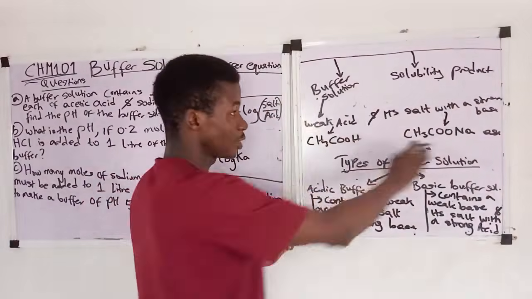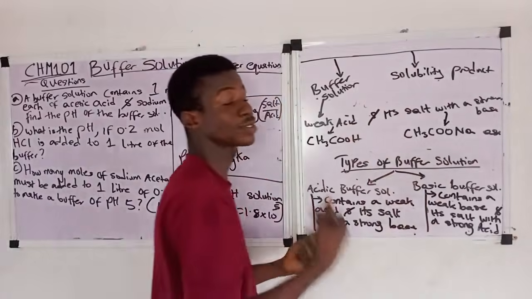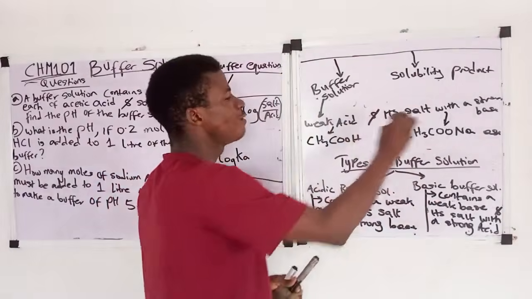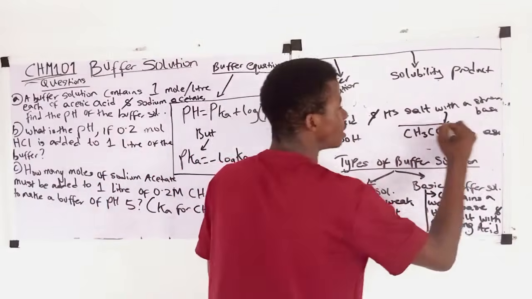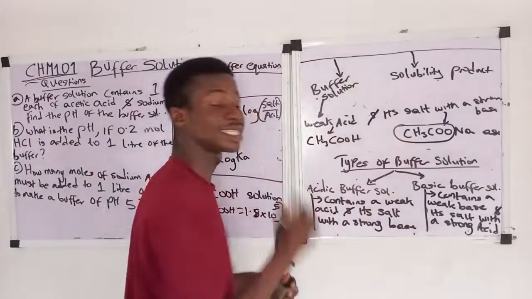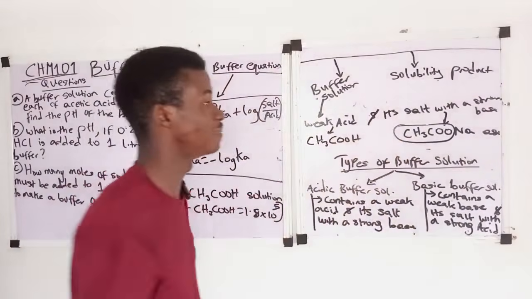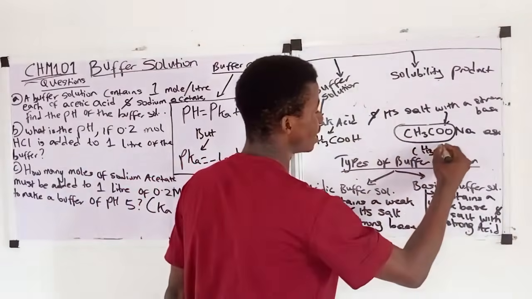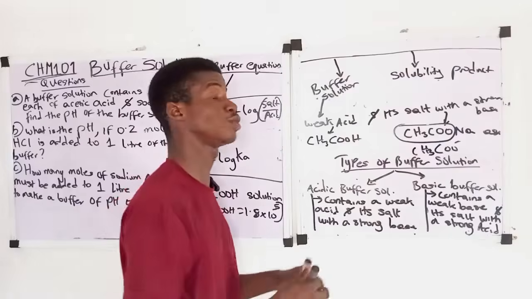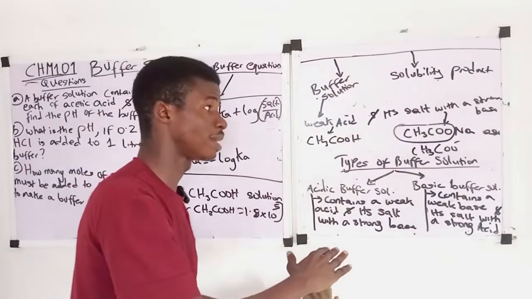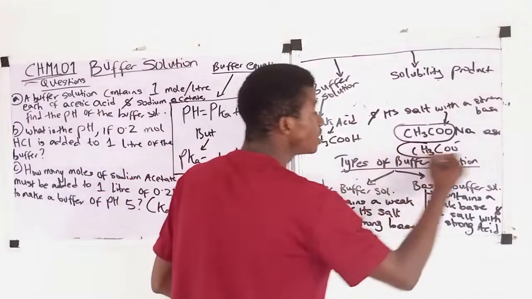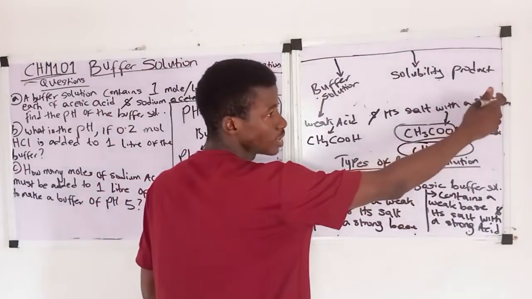Now if you look at this salt, remember a salt contains a metallic ion, right? Yes. This part of the salt is a strong base, which is CH3COO minus. Remember, a normal salt is made up of positive and negative ions, right? So this is what the strong base means.